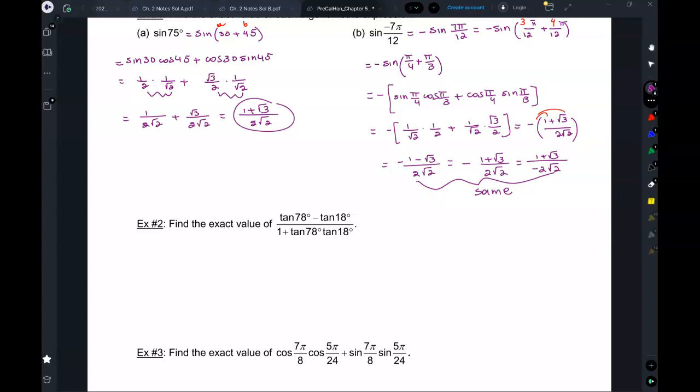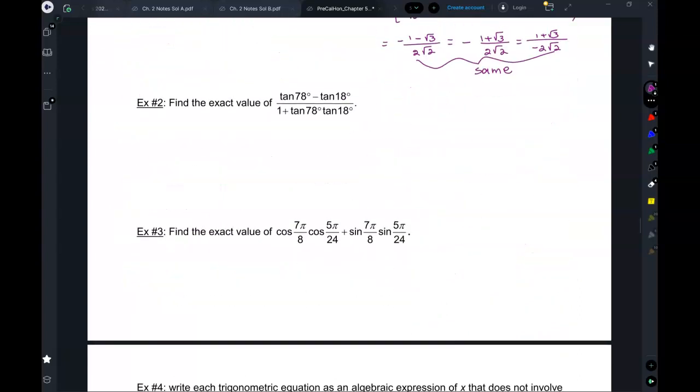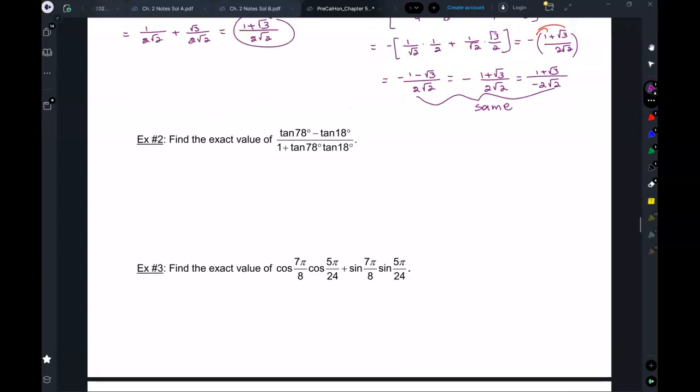Okay? Now, these identities, you can use them to go in this direction, left to right, or you can use them to go in the other direction, right to left. In fact, that's what we have over here. I have this complicated mess over here. Tangent something minus tangent something else, blah, blah, blah. But when I look closely, what is it that I have?